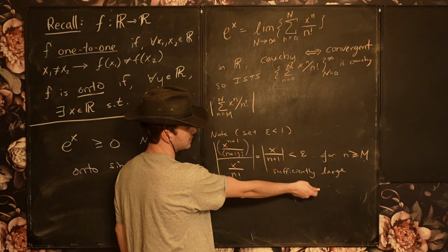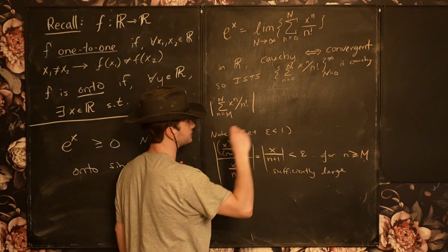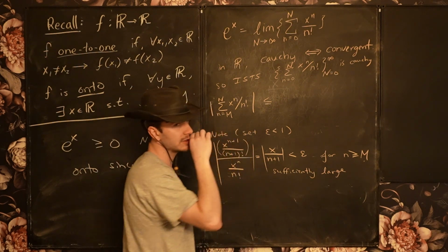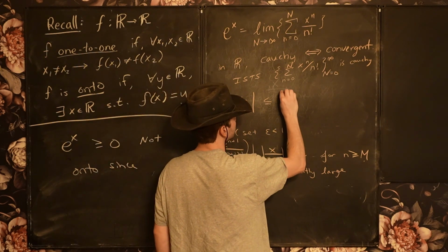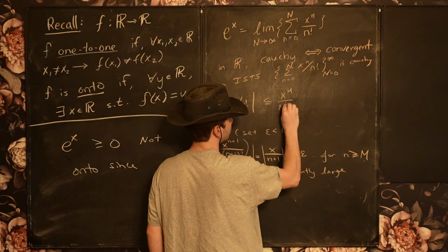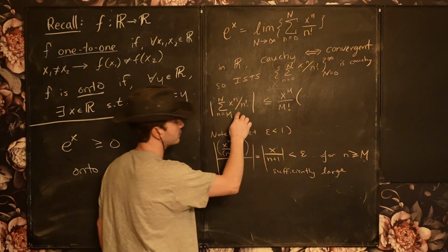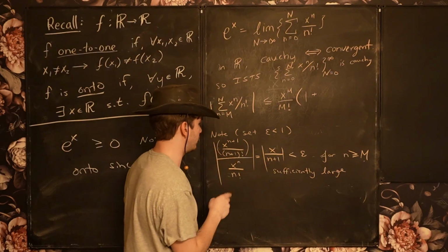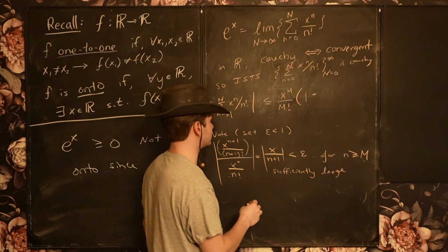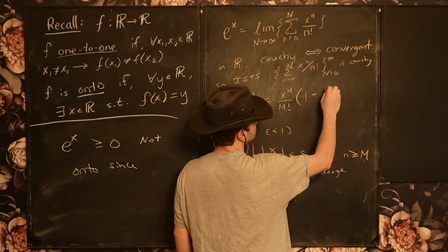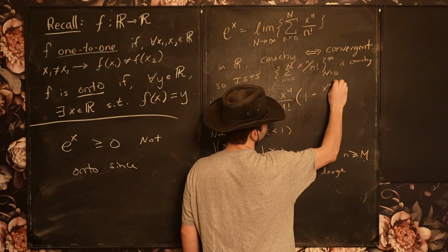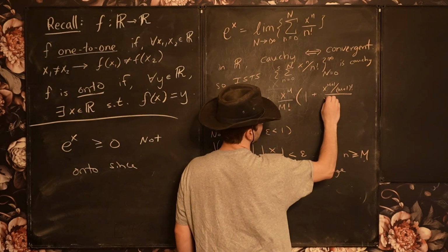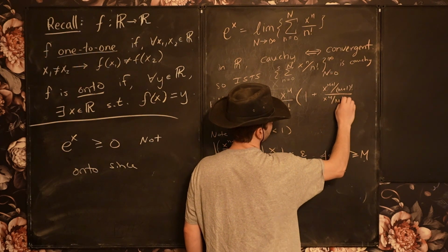So once I have this inequality by choosing M large enough, I get this bound, which is less than or equal to, pulling out the x to the m term, and then we're left with, if we expand the sum as I did earlier, 1 plus x to the m plus 1 over m plus 1 factorial over x to the m over m factorial.